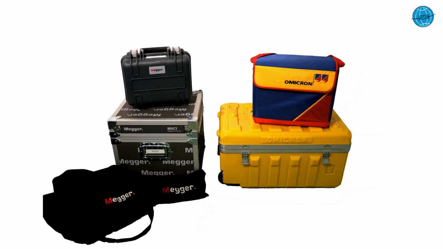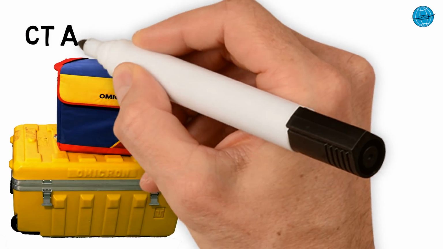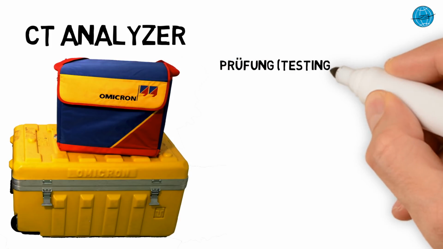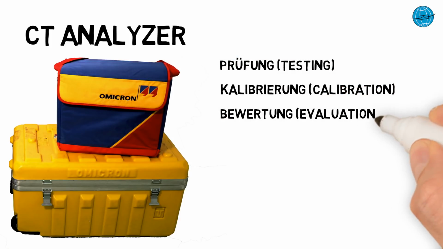We start by presenting the Omicron CT Analyzer, following the natural order of the alphabet. The CT Analyzer, which I also like to call the Miracle of Bern, is a device for testing, calibration and evaluation of current transformers.